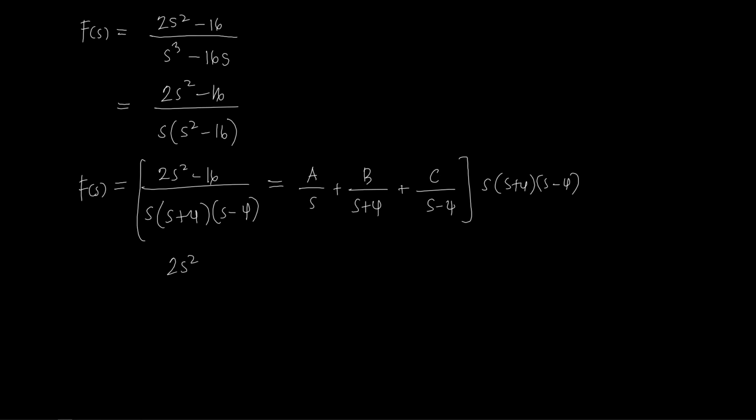Mabilin, 2S squared minus 16 is equal to A times, cancel out si S, mabilin, S plus 4, S minus 4, cancel out si S plus 4, mabilin, BS times S minus 4, cancel out si S minus 4, mabilin, CS times S plus 4. Nakasunod.